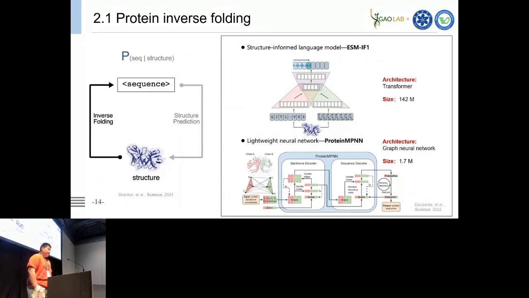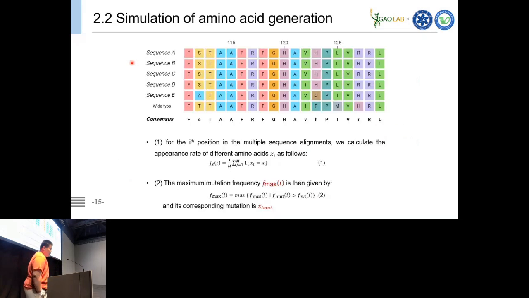Instead of training large models, we turned to existing inverse folding models. These models, like ESM-IF1 and ProteinMPNN, take a 3D structure as input and predict sequences that fit it. They are often used for designing new proteins, but we wondered, could they help us optimize existing ones too? To design effective single-point mutations, we took inspiration from nature.